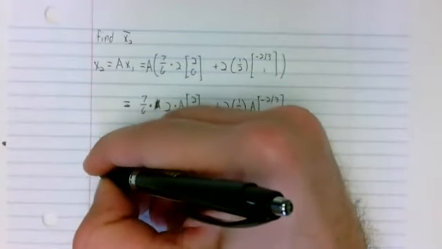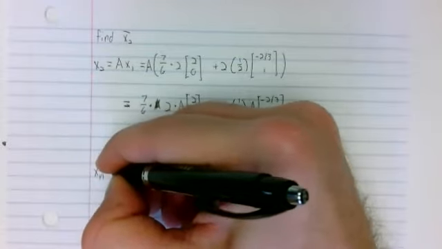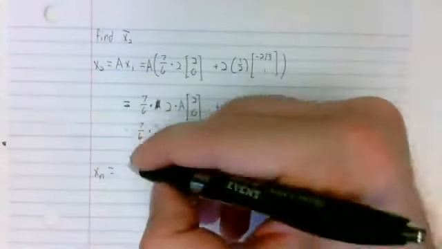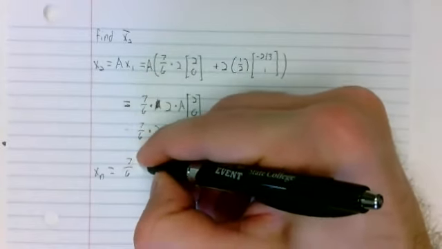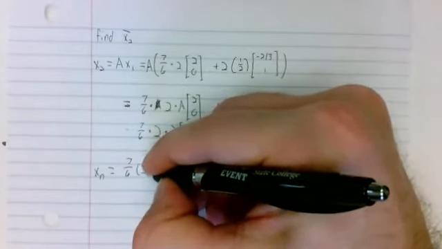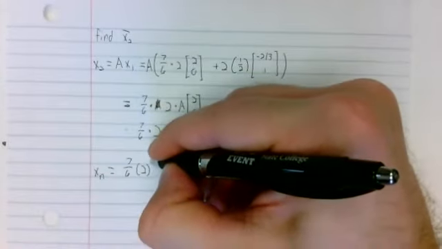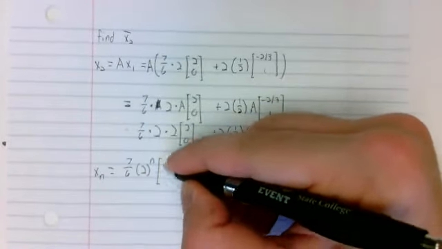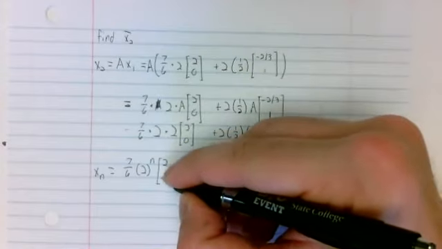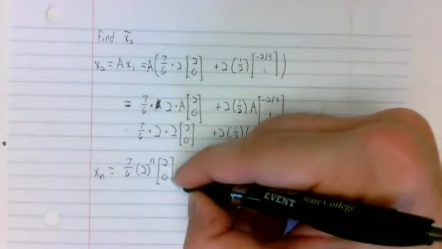And in general, every time we multiply by A, it gives us the eigenvalue again.